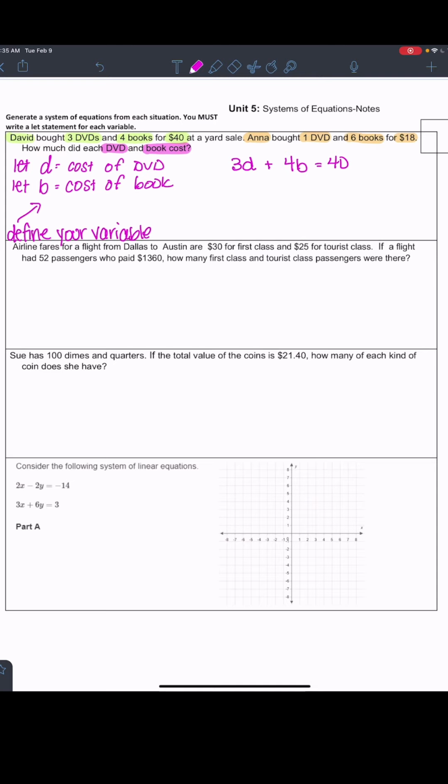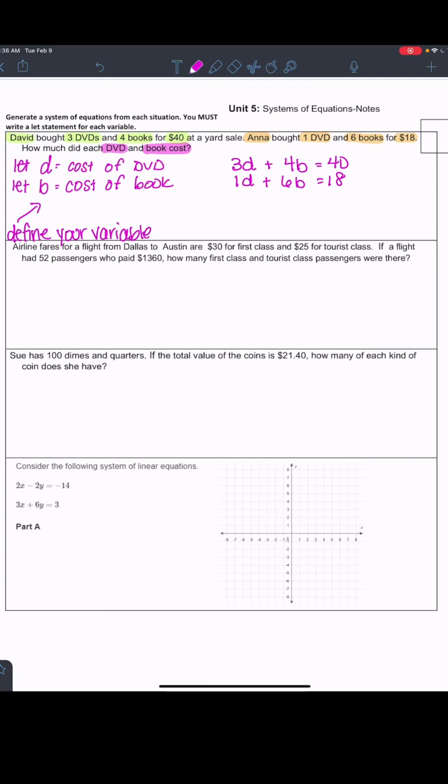Anna had 1 DVD and 6 books and totaled $18. Typically, if it's a system of equations word problem, you have 2 unknowns. You have 2 things you're looking for, meaning you're going to have 2 equations with 2 different totals. So right now, all we're doing is setting these up. We're not solving them yet.